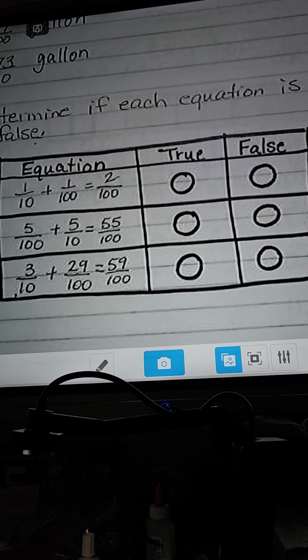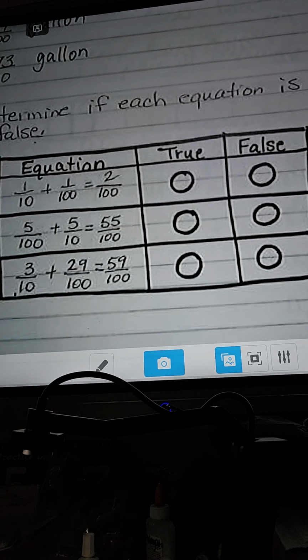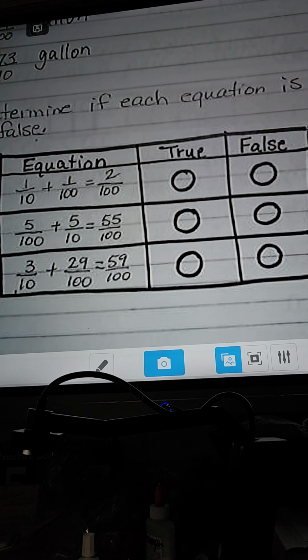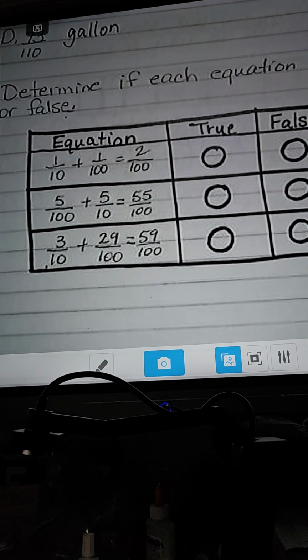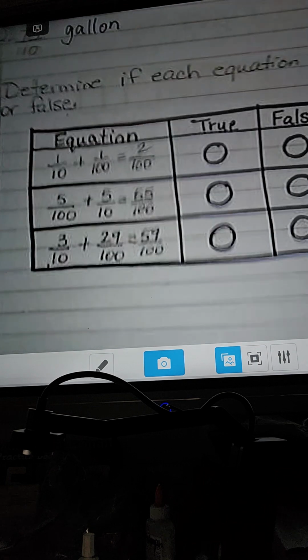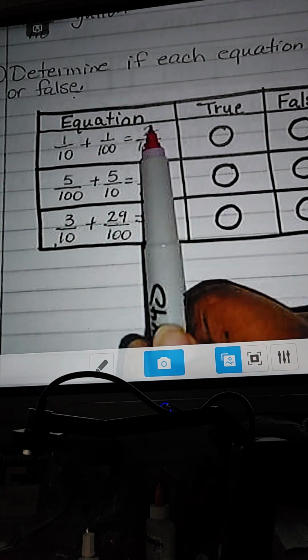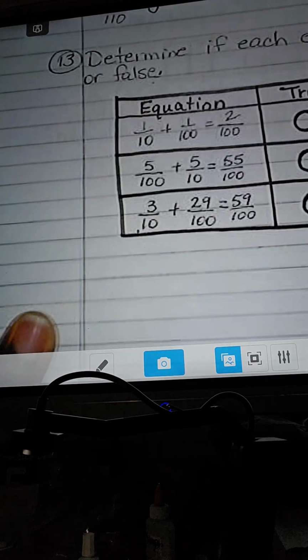Any questions about 11 or 12? All right, number 13. Determine if each equation is true or false. The first equation, 1/10 plus 1/100 equals 2/100. Well, let's work it out.